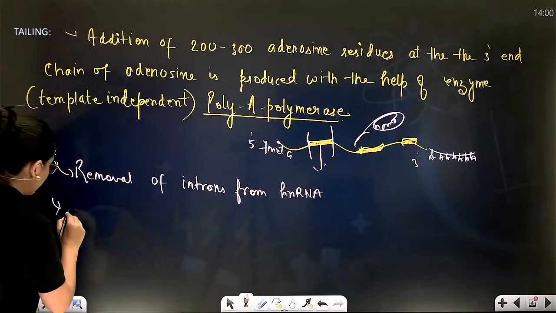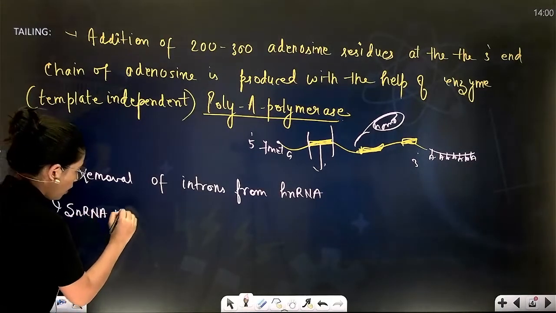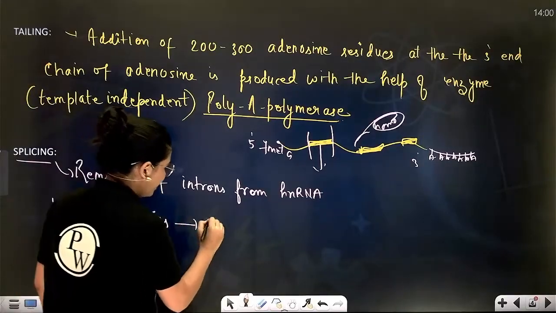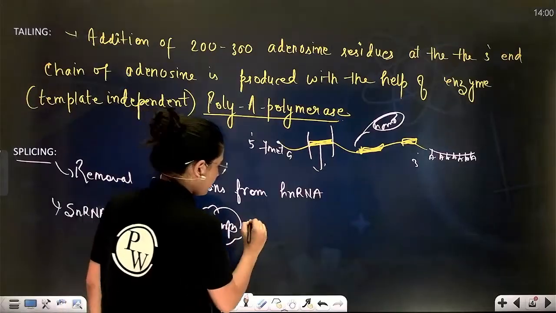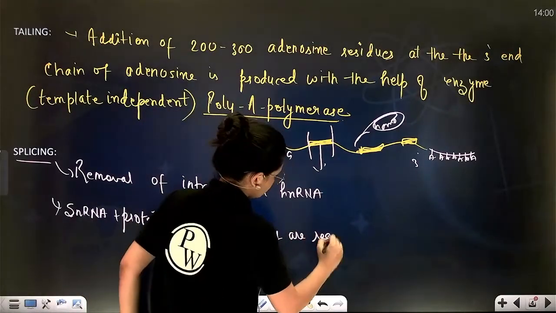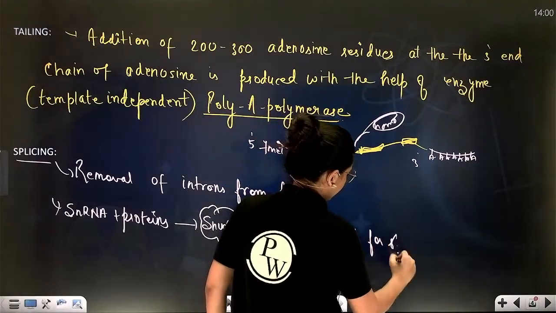So second point is snRNA along with proteins, called SNRPs, they are required for splicing.